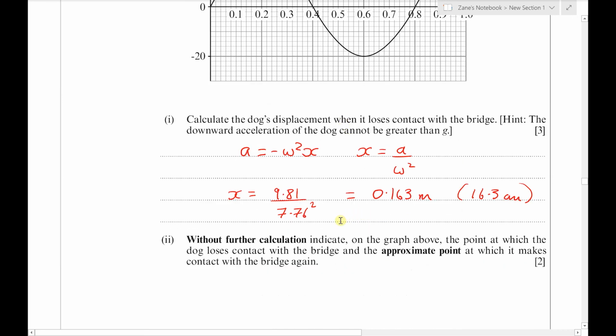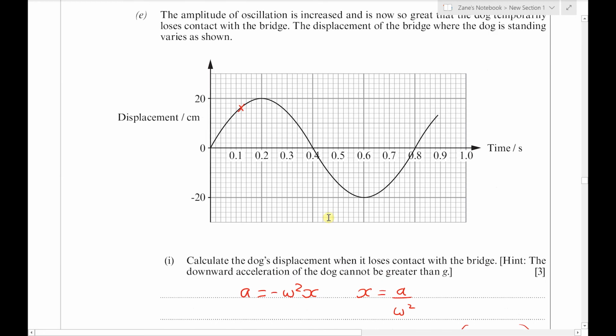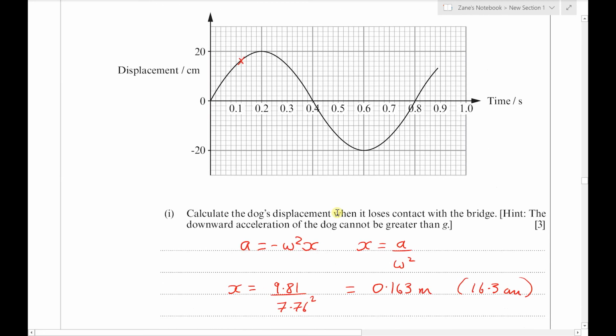The dog will gain contact with the bridge again when the acceleration of the bridge becomes less than g. And that's going to happen at about 0.28. So we're looking at about there, or possibly just after, because remember the dog is going to have to catch back up to the bridge. So it loses contact here, and regains contact there.